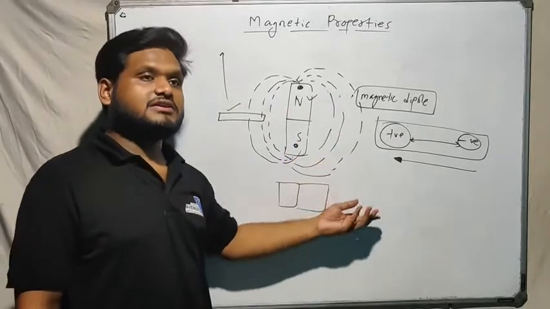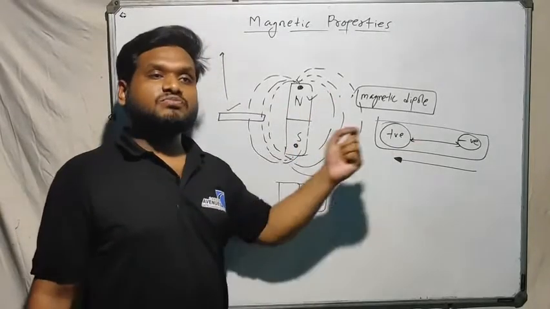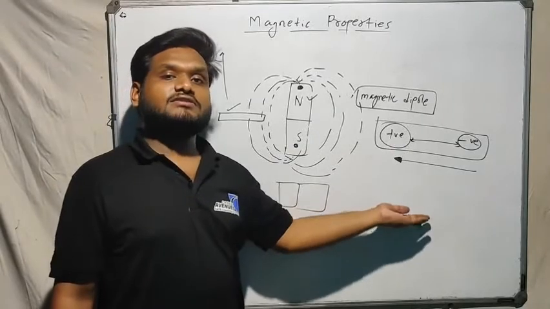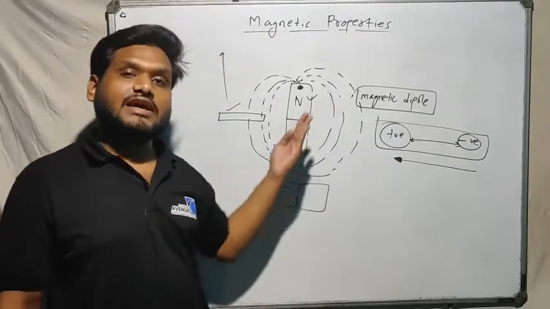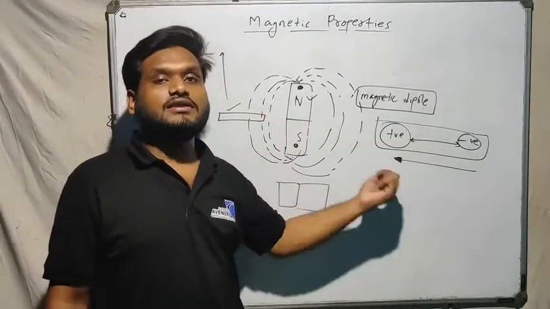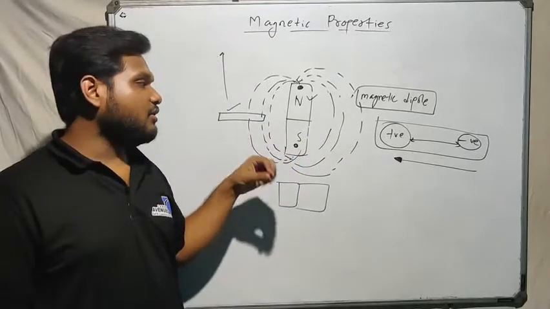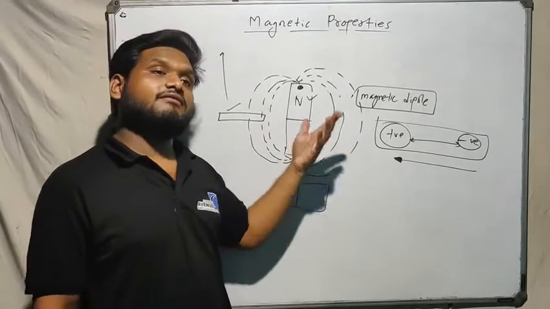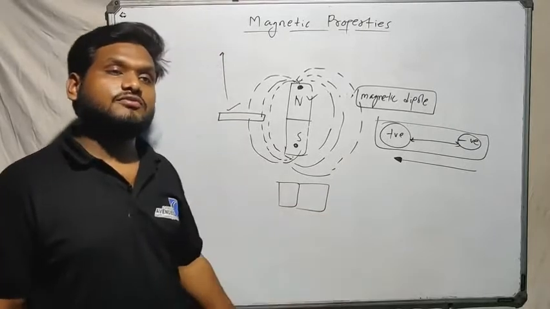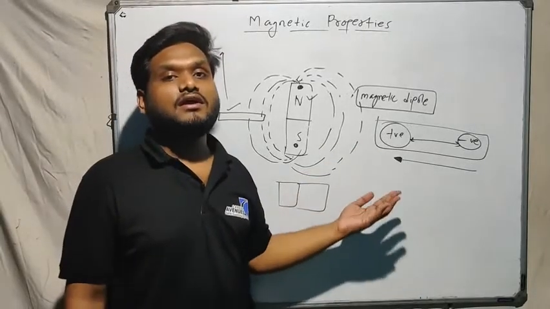If they reorient in the opposite direction, we say they are another group of material. If they are already oriented even in the absence of a magnetic field, we say they are a specific magnetic material.